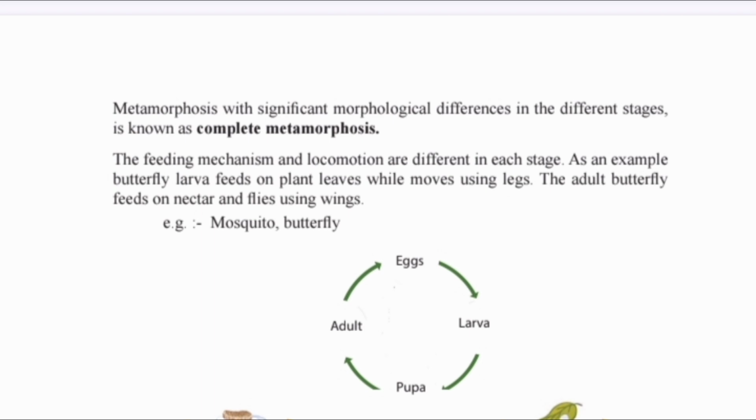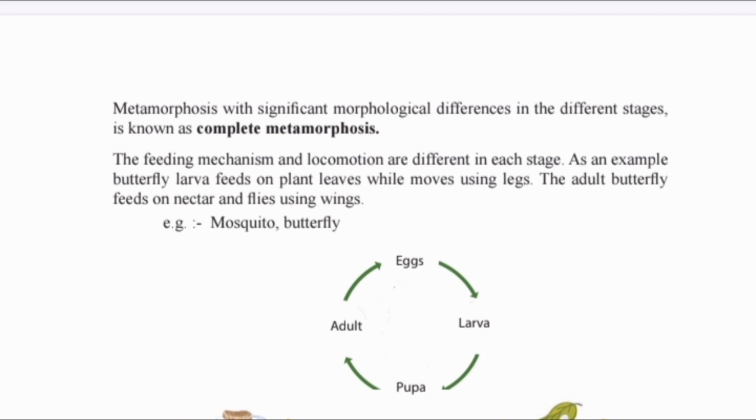I think this definition is okay, but I'll give you a short definition. What is the definition of complete metamorphosis? Metamorphosis with significant morphological differences in different stages of life cycle.